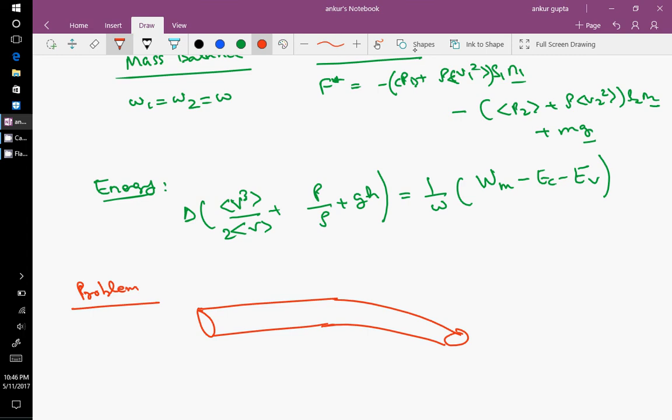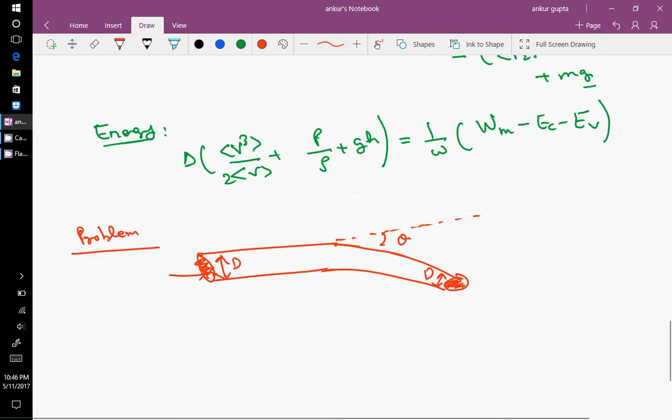The bend in the pipe is actually equal to theta from the horizontal. So the cross-sectional area is the same in both the locations. So this is B and this is also B.